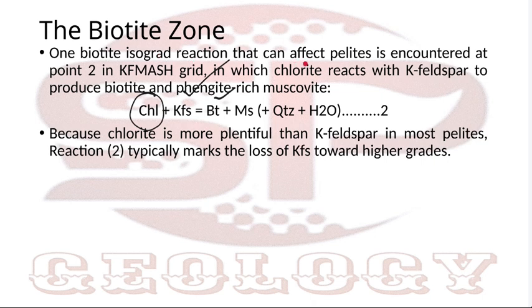One biotite isograd reaction that can affect pelite is encountered at point 2 in the KFMASH grid. You can exclude this KFMASH grid. I have told you: chlorite reacts with potash feldspar to produce biotite and phengite-rich muscovite. This reaction you have to remember; you simply have to memorize it. So chlorite reacts with potash feldspar and gives biotite plus muscovite.